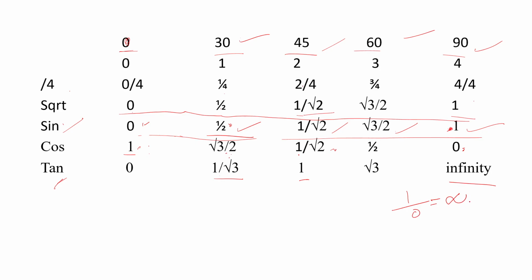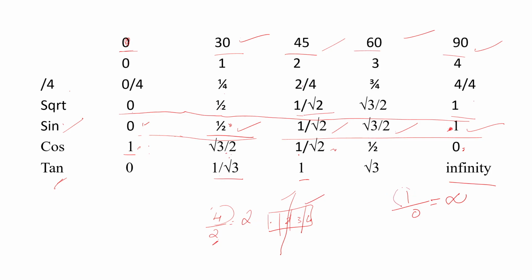Why is it infinity? I have already explained this in one of my videos. Why is 1 by 0 infinity? Because what is the meaning of division? If I write 4 by 2, I am going to divide 4 into 2 parts. There are 4 things, 1, 2, 3, 4, and I divide them into 2 parts, one part here, one part here. That means the answer is 2.